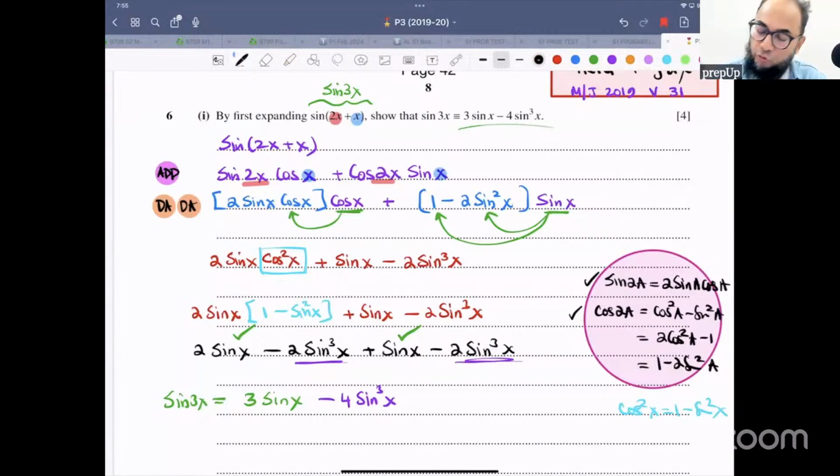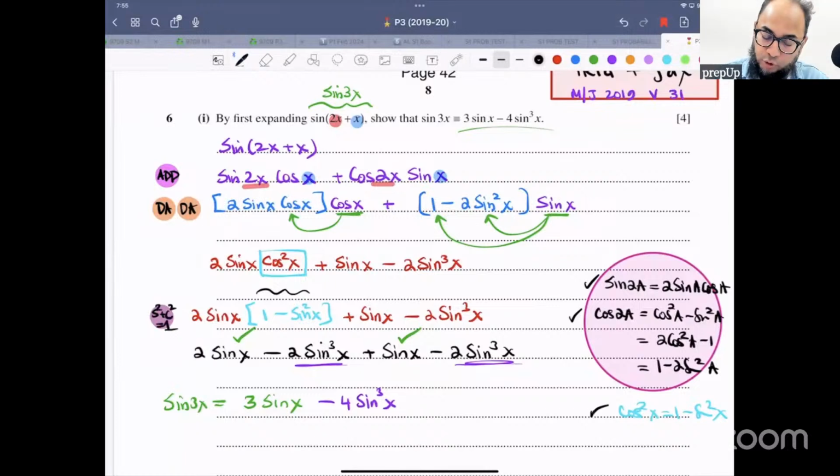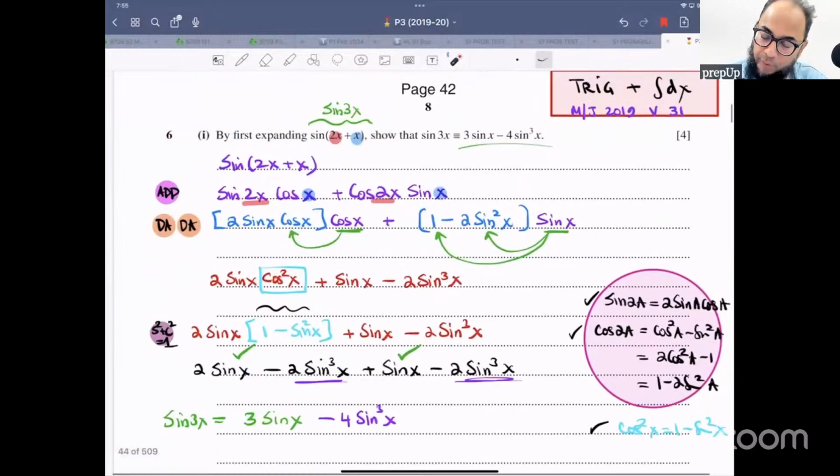The third thing that I used, right over here, is the mother of all identities, sine square plus cos square equals 1. We substituted cosine square x as 1 minus sine square x. So 4 marks for that.